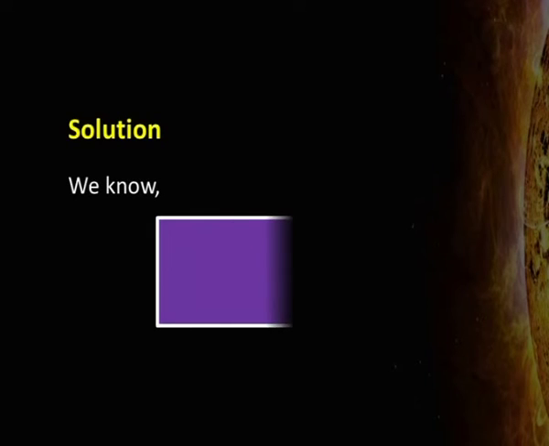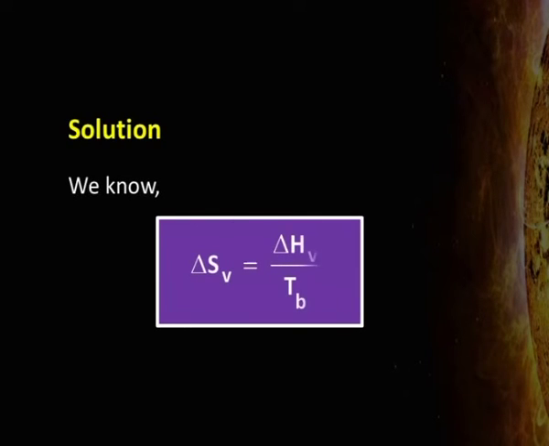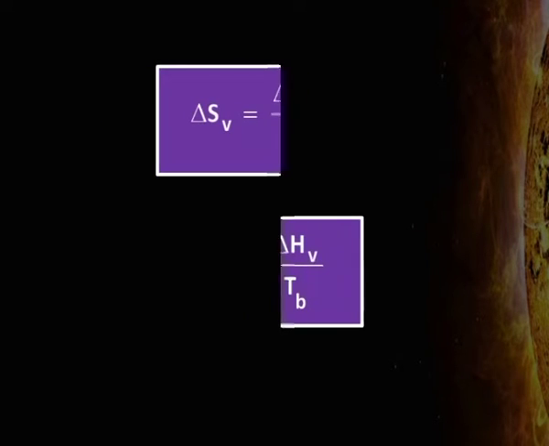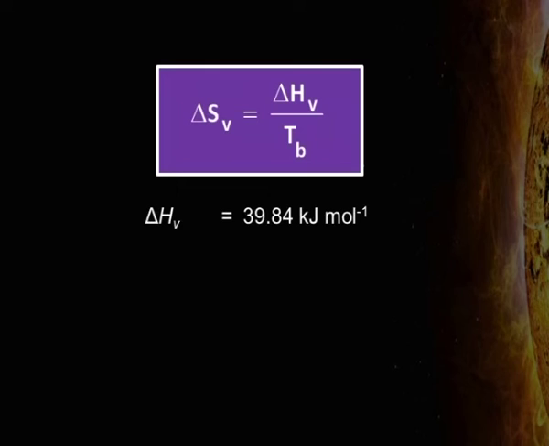Now you know that delta SV will be equal to delta HV divided by TB, where delta SV is change in entropy of vaporization, delta HV is molar heat of vaporization, and TB is the boiling point of the substance in Kelvin. In the problem, delta HV is given to be equal to 39.84 kilojoules per mole, which will be equal to 39840 joules per mole, and boiling point in Kelvin is given to be equal to 351 Kelvin.